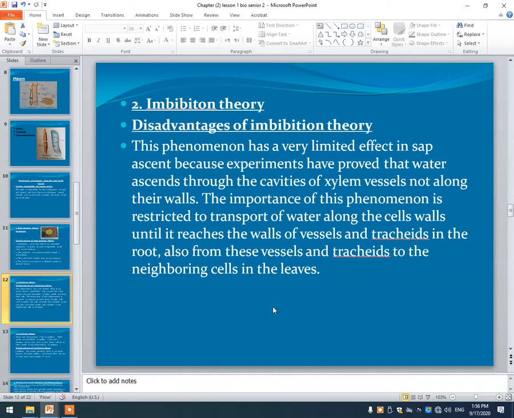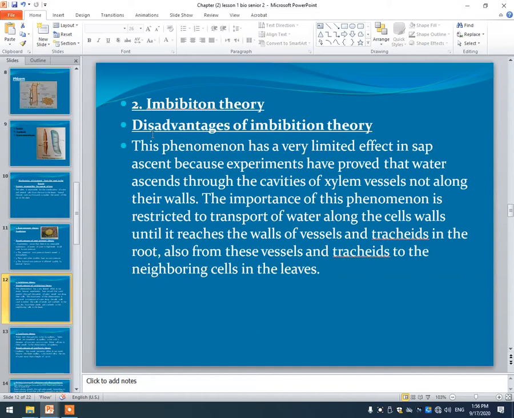Number two, imbibition theory. As we have talked before in lesson number one, imbibition means some colloidal substances can imbibe water, like cellulose and pectin. But there is also a disadvantage of imbibition.